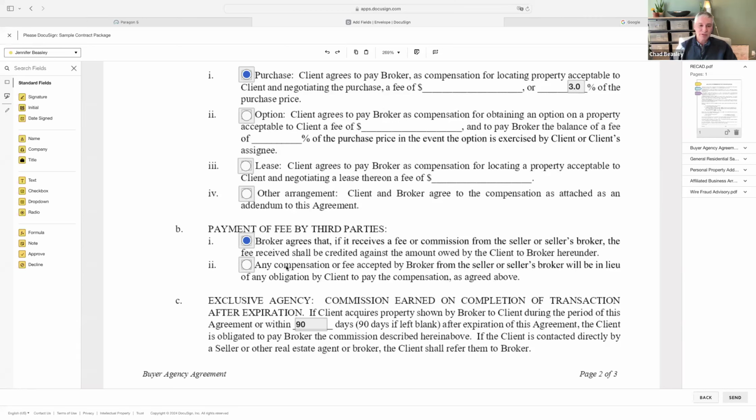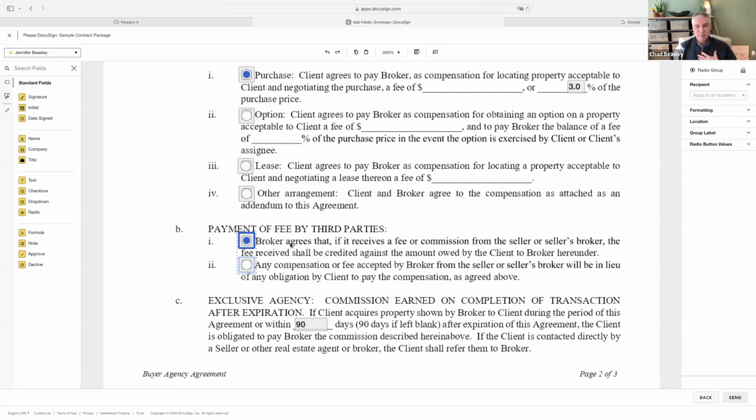So that one, if you select 2, would mean that if you're saying your fee is 3% and you've checked item 2 there, and that seller is only offering 1% commission to a buyer's agent, then this is saying that you are accepting whatever the seller is offering in lieu of this 3% up here. And so there is no obligation of that buyer to pay you the difference. And again, you can do that however you want.